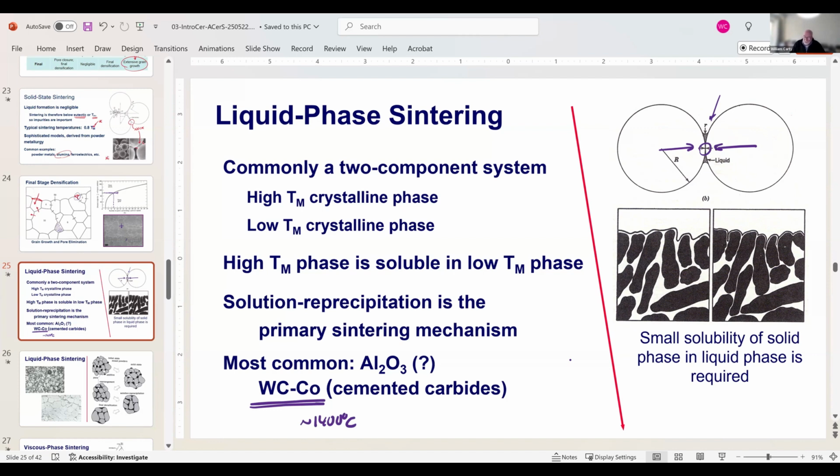So you would end up with a liquid phase. Here's your liquid phase in the system. And then in the end, you end up with still having a liquid phase in the system, but on cooling, that phase crystallizes. So you have a tungsten carbide large particle matrix, if you will, with cobalt in the grain boundaries and in the pockets. Okay.